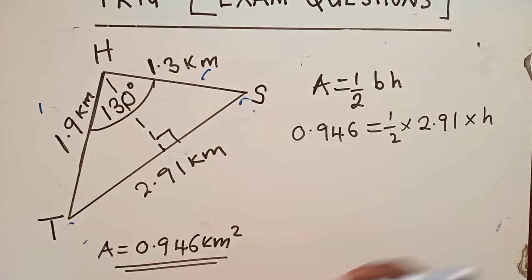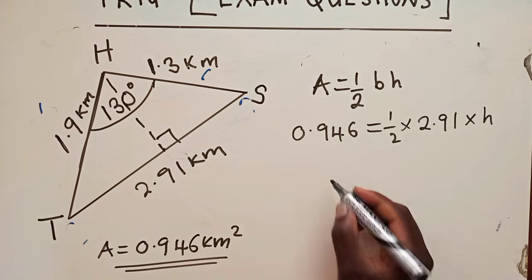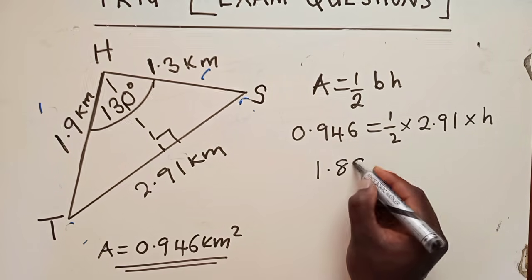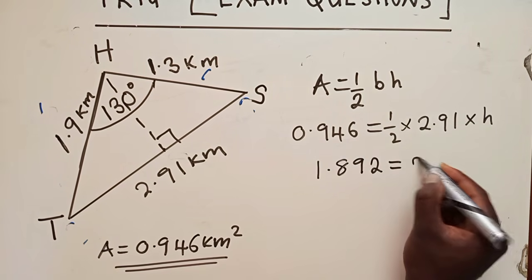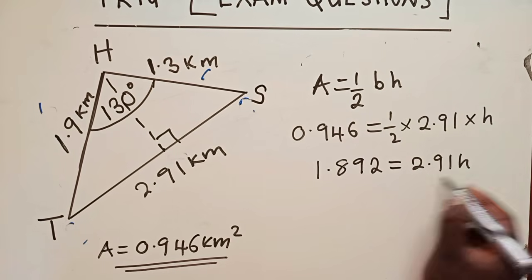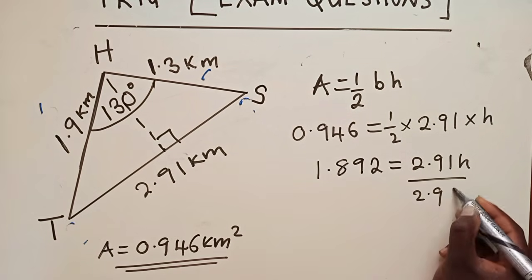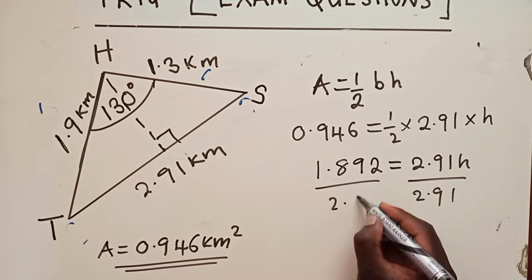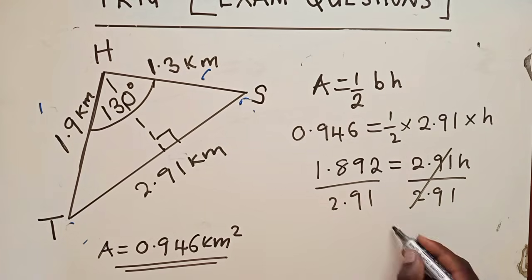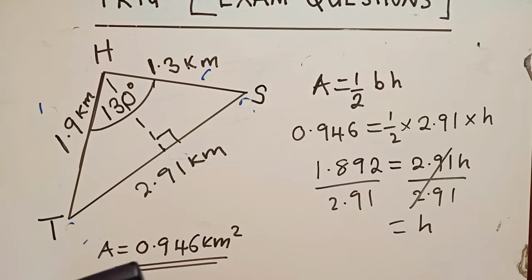So here we can cross multiply. 0.946 times 2, we are getting 1.892, which is equal to 2.91 h. We divide by 2.91. This and this will cancel, remaining with h.